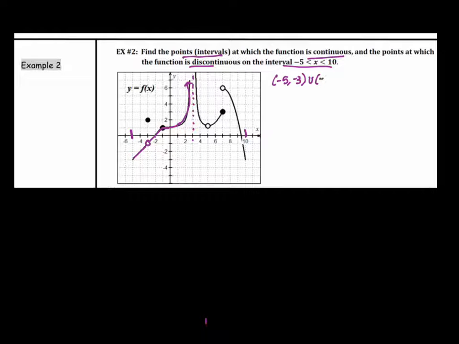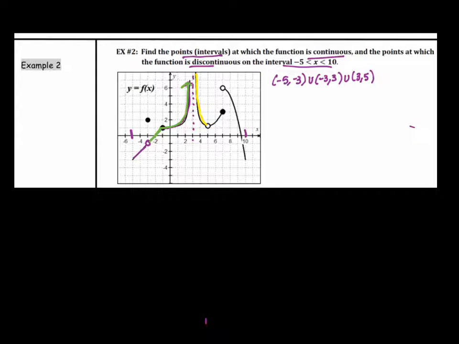So we would say -3 to 3. Then the next time it's from 3 to 5, so union 3 to 5.